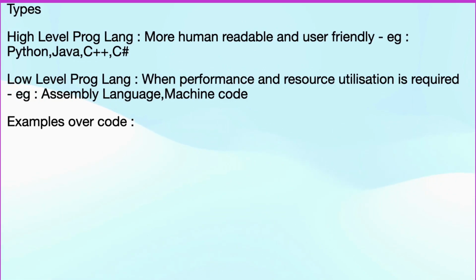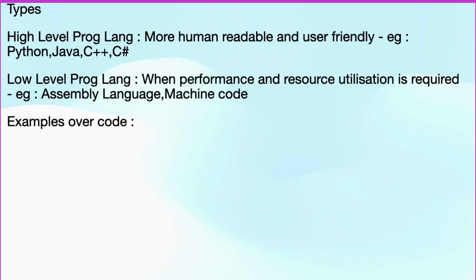But when we need performance and resource utilization, we prefer low level programming languages like assembly language or machine code. However, just to add, it is easier to learn a high level programming language because it is more in human readable form.